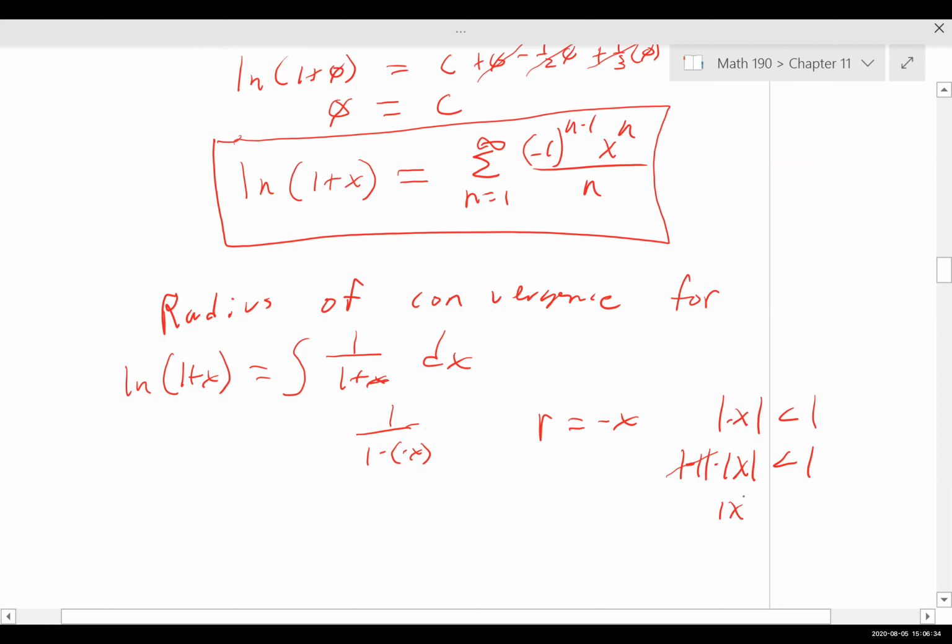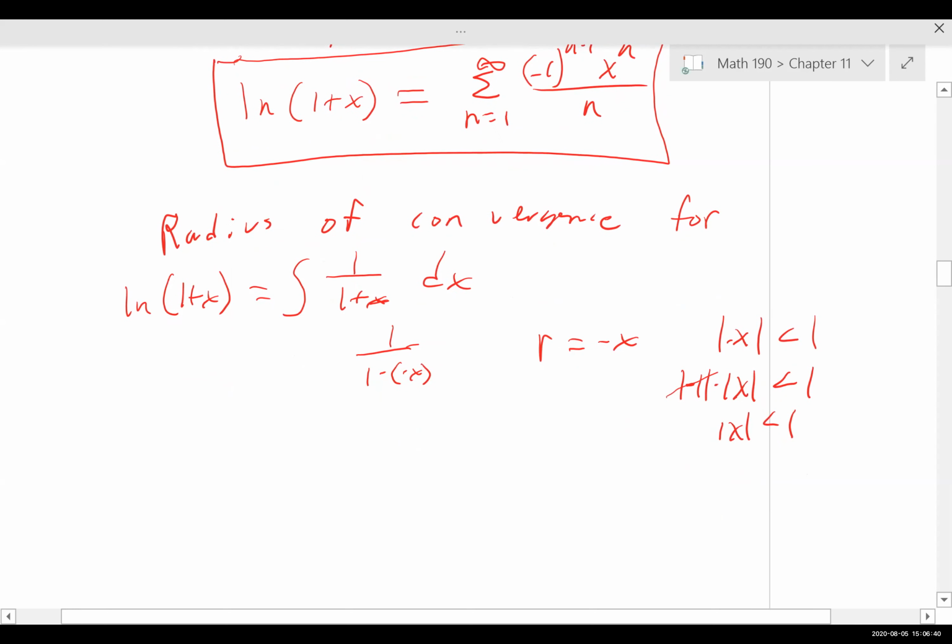So the absolute value of x is less than 1. The radius of convergence, what we would call r, is equal to 1. Now, why is this equal to 1? Because I could say that x, how can I state this?